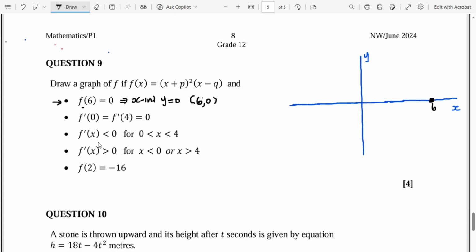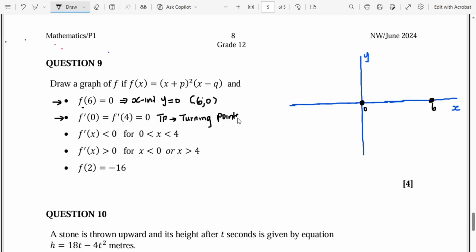The next point. Remember, f prime is what we use to find the derivative. So I'm going to have the derivative at x is equal to 0. These are the TP, as in turning point.